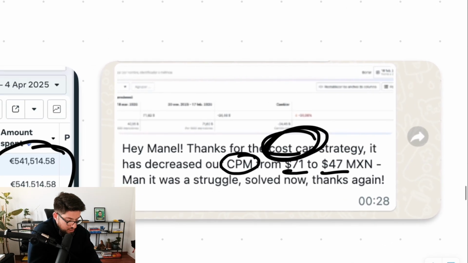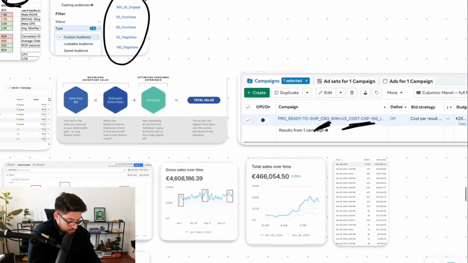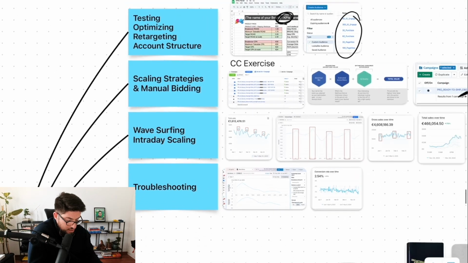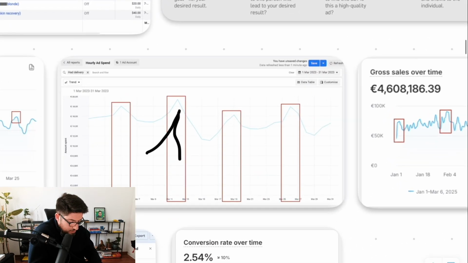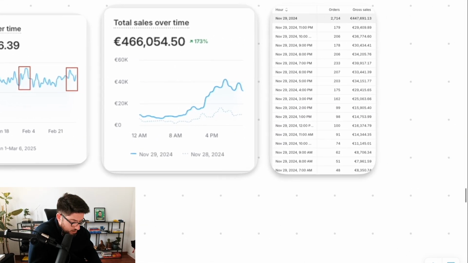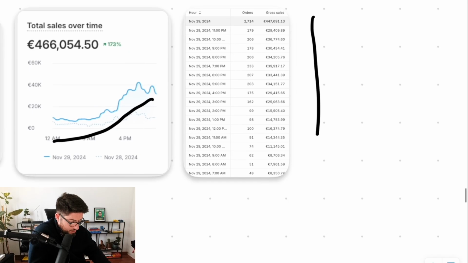So, things that you need on the media buying side of things to solve stuff: wave surfing, intraday scaling, troubleshooting problems. And this is my budget, and I scale my budget on certain days and then lower it on certain days. Scale, lower. Same thing here, and same thing on Shopify.